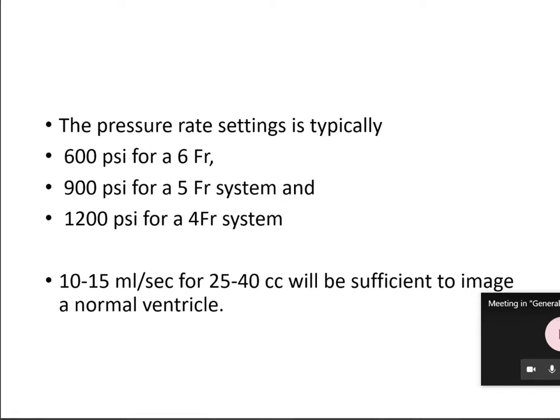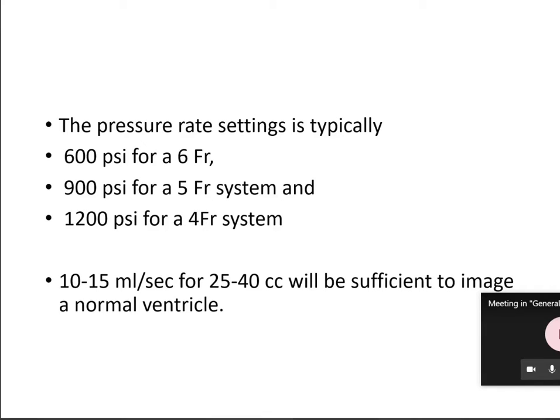Anybody? It is not pressure per square inch, it is pounds per square inch. You will see the PSI in the angiographic machines, and the technician will be setting it. Usually it is 600 for a 6 French catheter, 900 for a 5 French system, and 1200 for a 4 French system. As the size decreases, you have to increase the PSI.